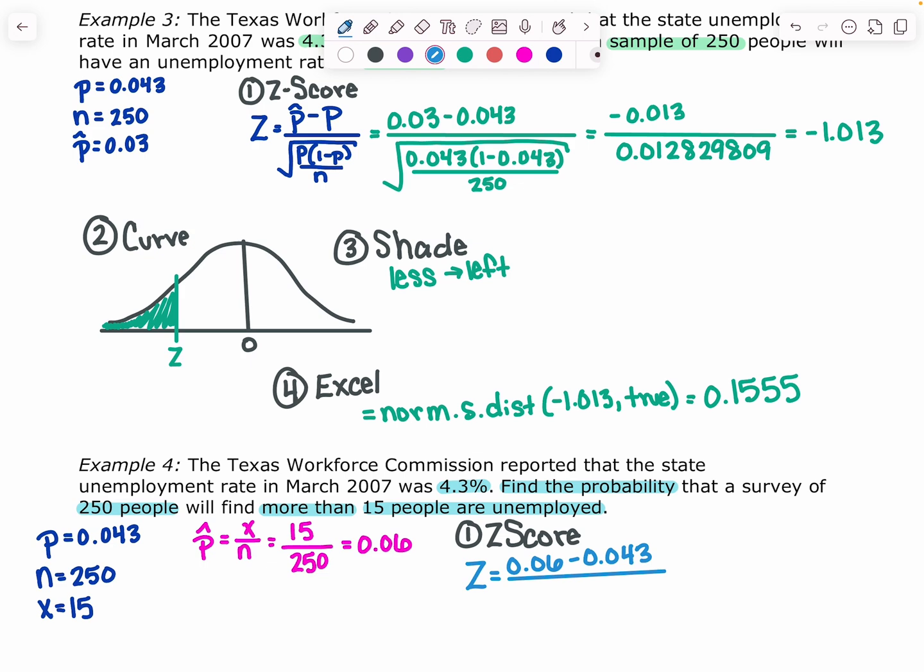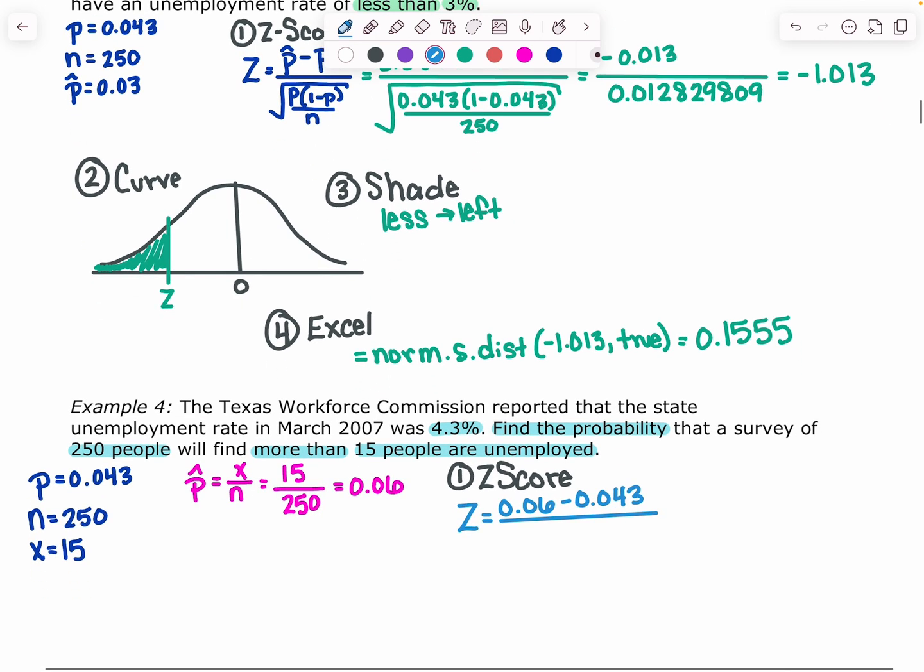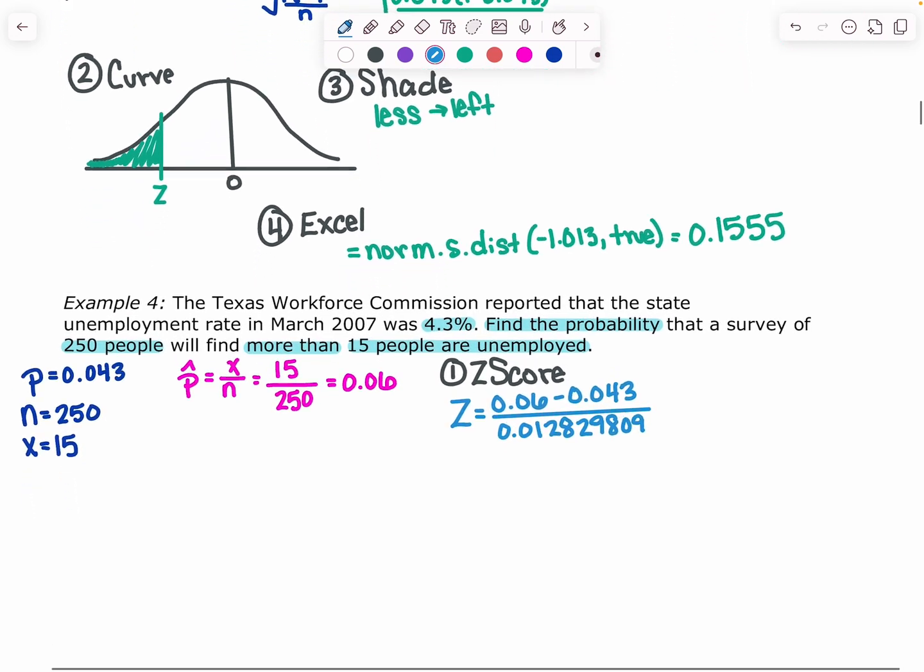So my denominator would be the same. So I don't need to recalculate that. I'm just going to write down the number again, 0.012829809. If my sample size had changed, then I would need to recalculate this. But I'm still sampling 250 people, so this bottom number, the standard deviation, is not going to change.